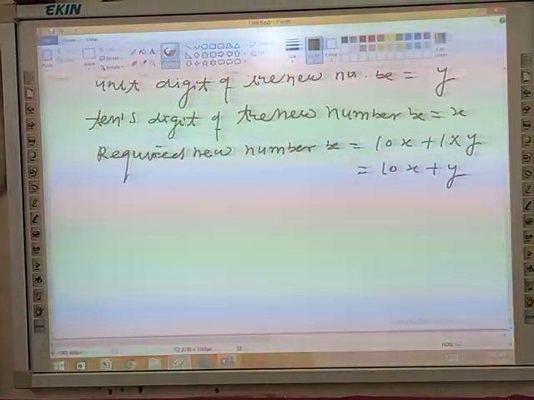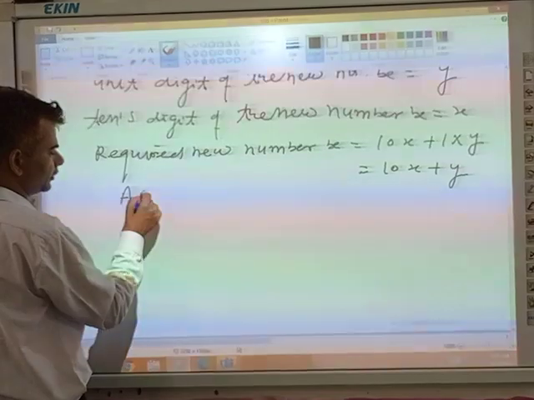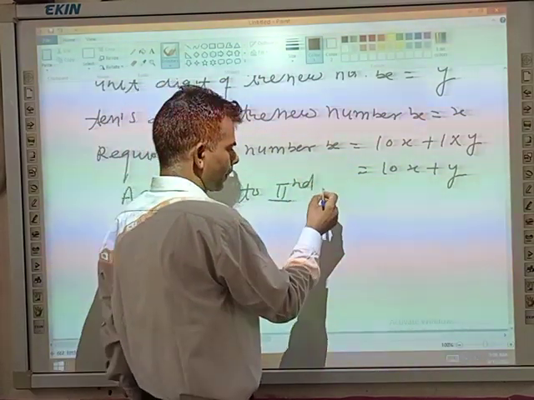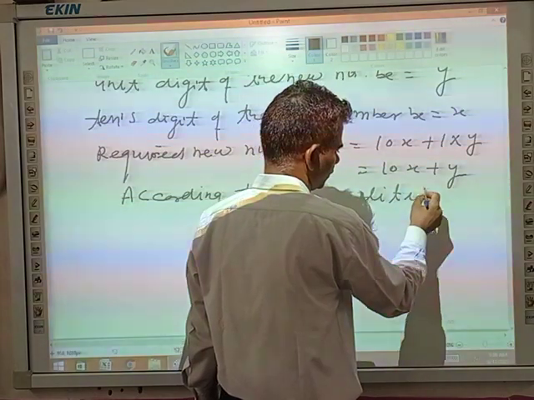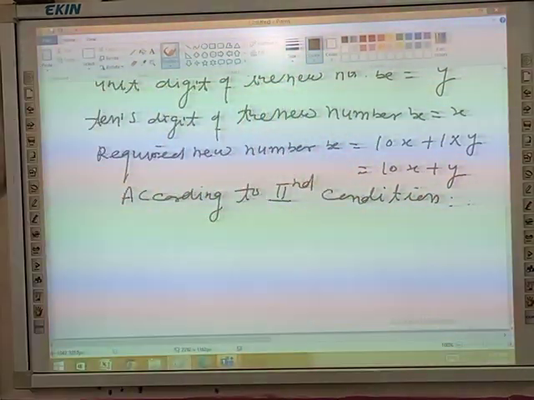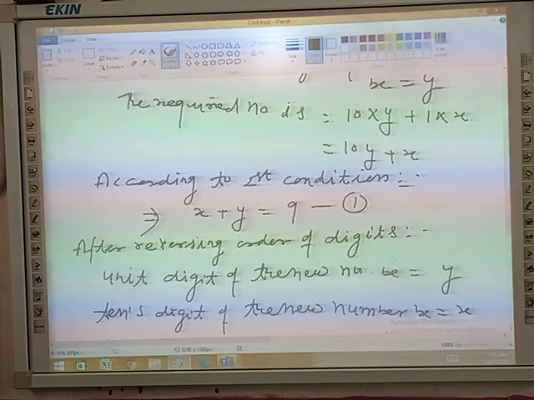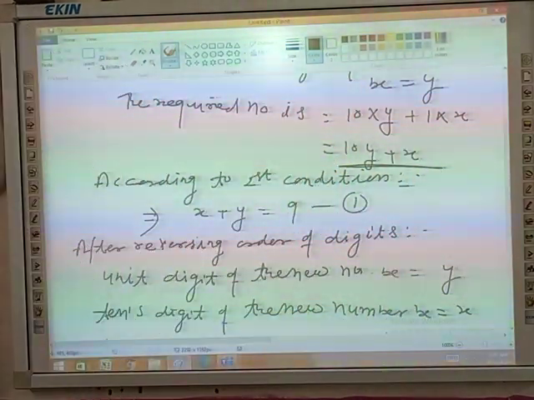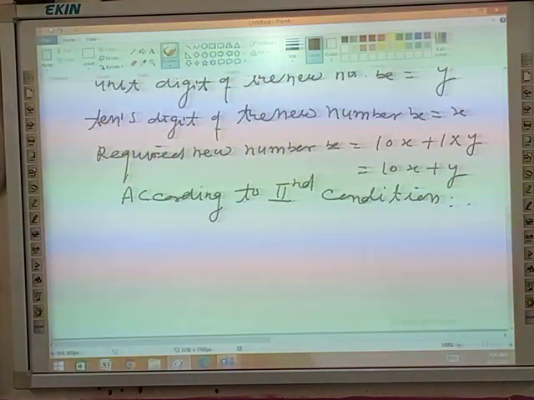Now students, read the question properly. Also, 9 times this number is twice the number obtained by reversing the order of digits, according to the second condition. 9 times this number is twice the number obtained by reversing the order of digits.